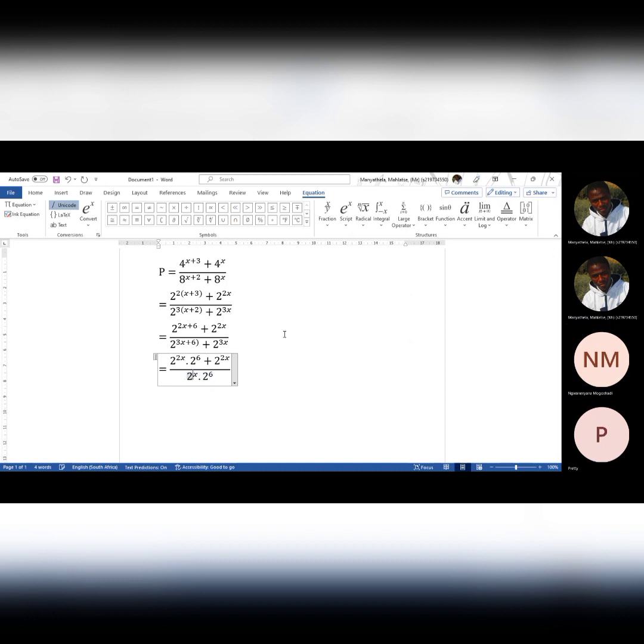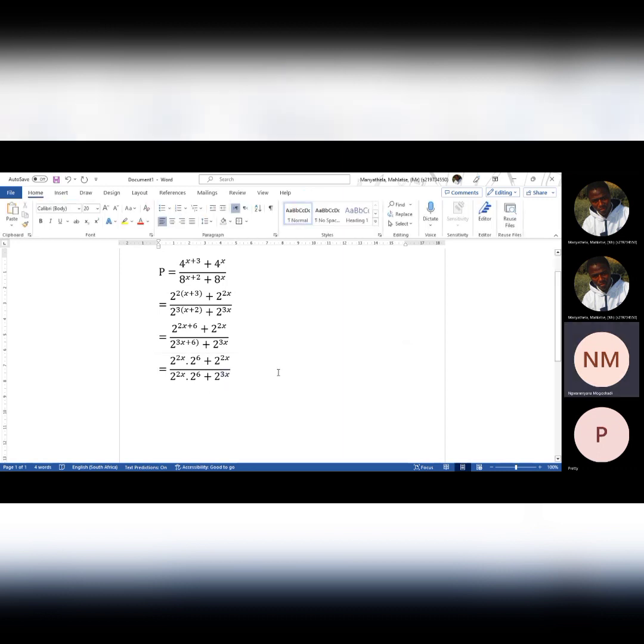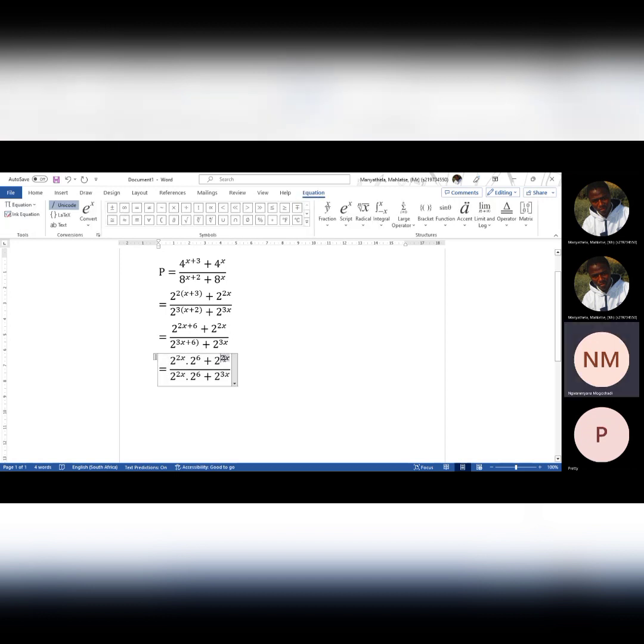Actually, it's not 2 to the exponent 2x, it's 2 to the exponent 3x. Which one? Yes, the first one. Okay, fine. That was a minor hiccup.